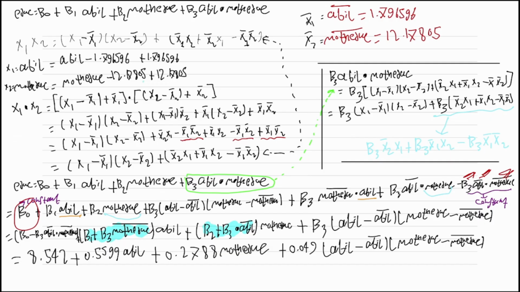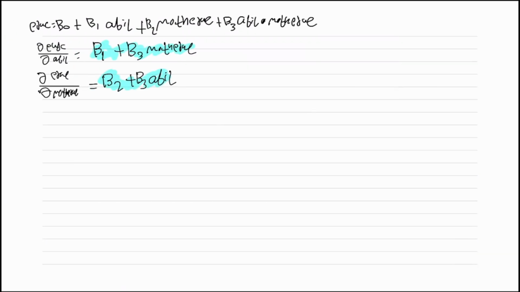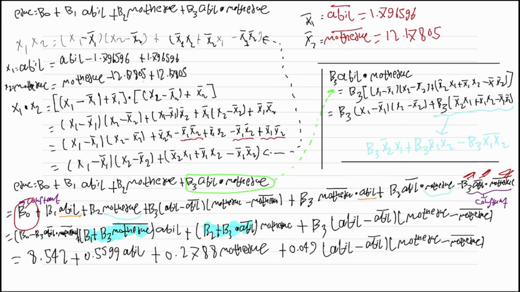And as you can see, this is the same as when we took the derivative. And the same for mother education here. I have beta 2, and I have beta 3 with mother education here, beta 3 multiplied by ability, the average, and we have this one.